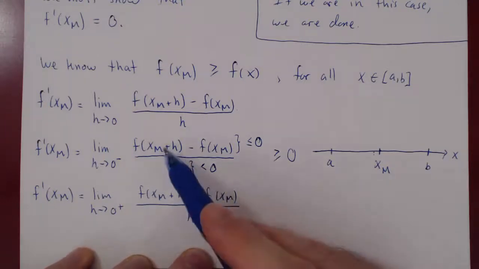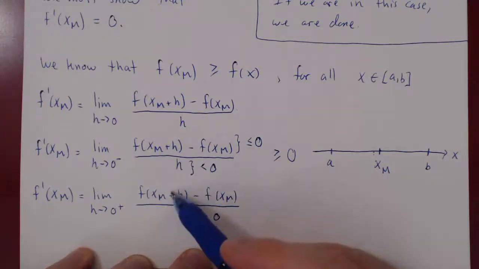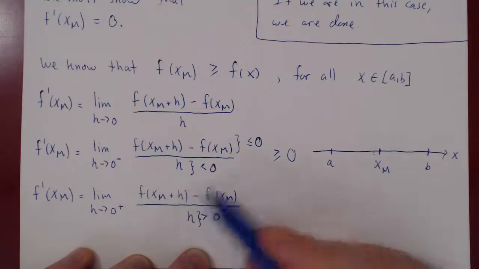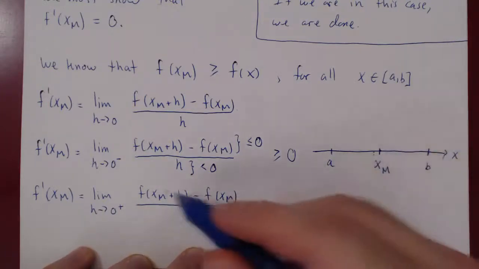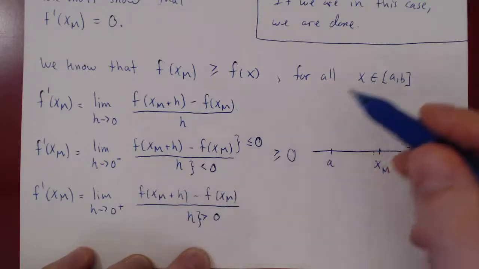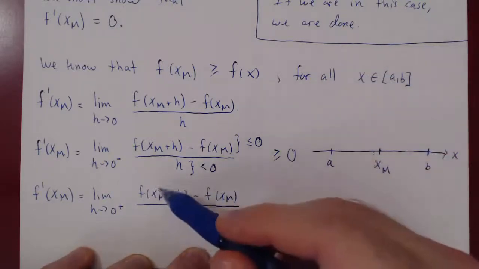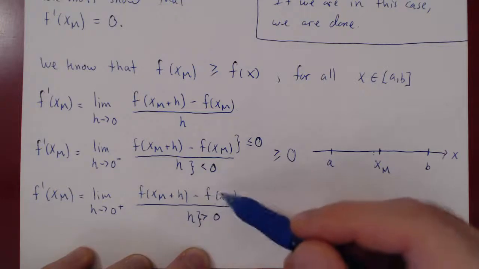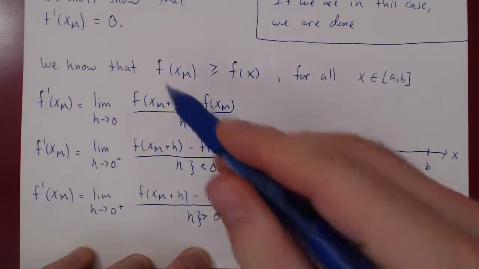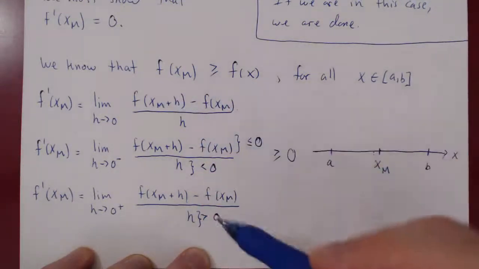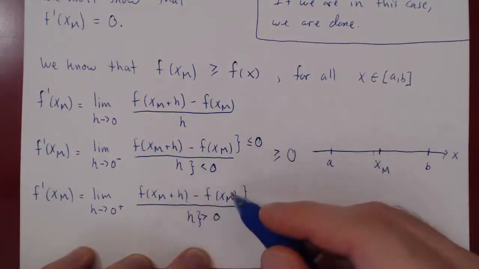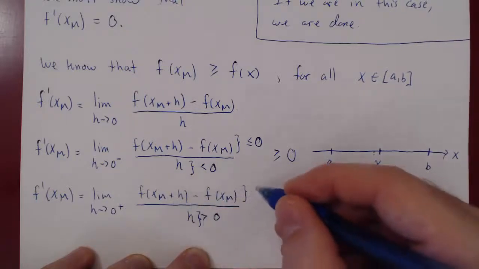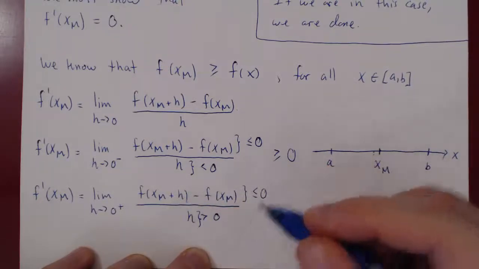The numerator is the same as before, right? We add to xm a small positive number. So now we have the value of the function at some other point inside the interval. So we know that this value is at most this one, because f of xm is the largest possible value attained by f. So the result of our subtraction, because this is at least as big as this, is again at most 0.